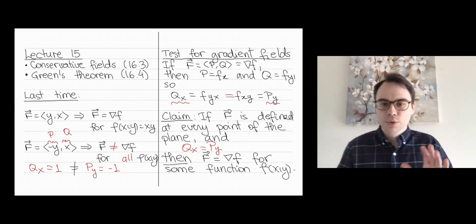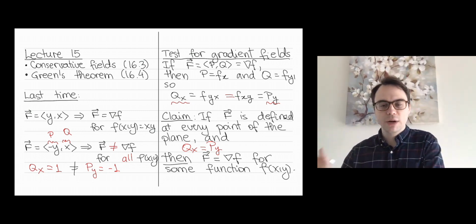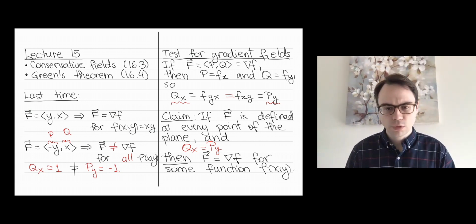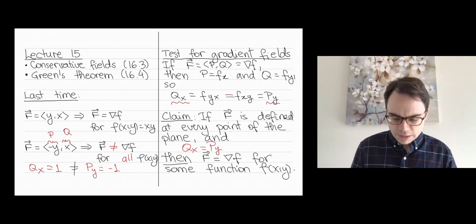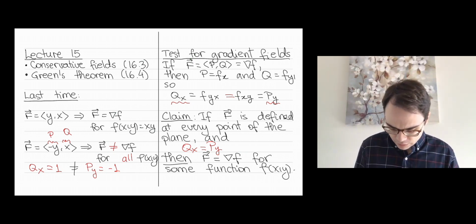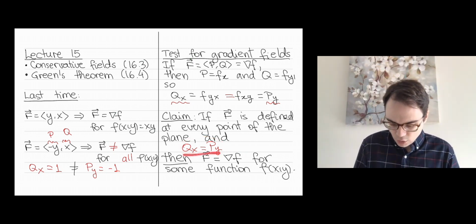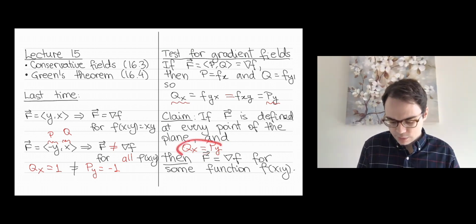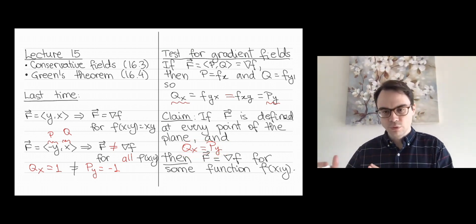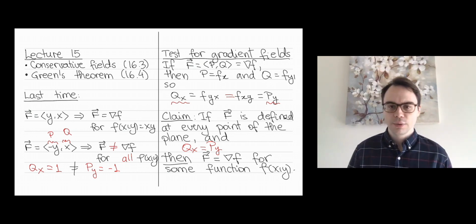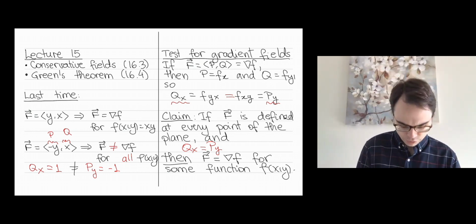Right, I still have to get into how we find this function. I'll show you the method in a moment. But this theorem is telling me that I can always use this condition, q sub x equal to p sub y, to disprove, to show that something is not the gradient of a function, like here.